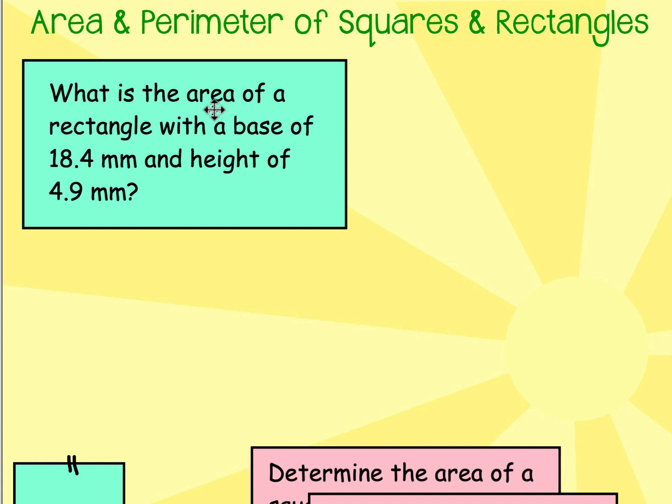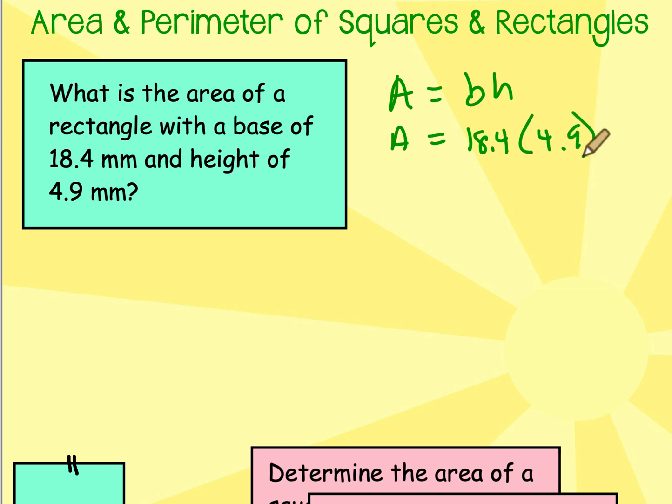So what's the area of a rectangle with a base of 18 and 4 tenths millimeters and a height of 4 and 9 tenths millimeters? Okay, so without a picture, we can still do this because it says a rectangle, and we know the area formula for a rectangle is base times height, and we know that the base is 18 and 4 tenths, and the height is 4 and 9 tenths.